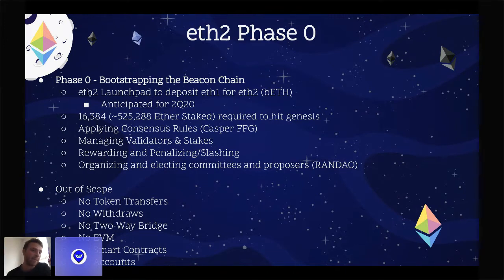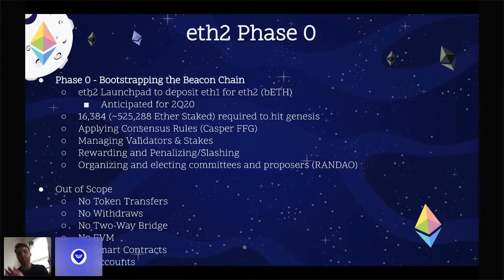What will be taking place inside of phase 0 is that Casper FFG will be applied, and consensus will run. Validators and their stakes will be managed. Rewards and penalties and slashing will take place. Hopefully there's no slashing, but we never know. And then also organizing and electing committees and proposers, which is done through the RANDAO process.